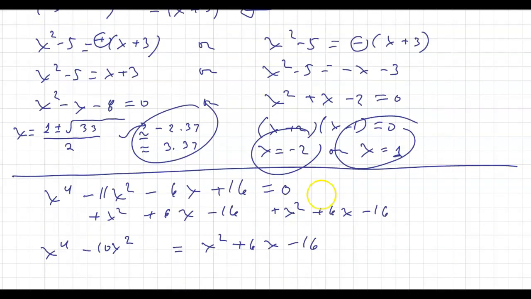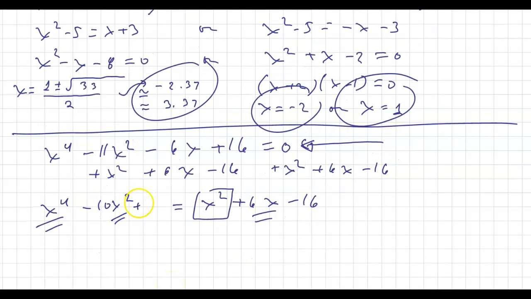So here was an equation, and again, we got lucky, but by adding x squared to both sides, I end up with an x squared here. And by adding 6x to both sides, I get this situation where I have an x to the 4th and an x squared, but no x term, because the x term is here. And maybe we get lucky that when we complete the square, by adding 25 to both sides, we end up with a perfect square trinomial with x to the 4th and x squared, and a perfect square trinomial with x squared and x.